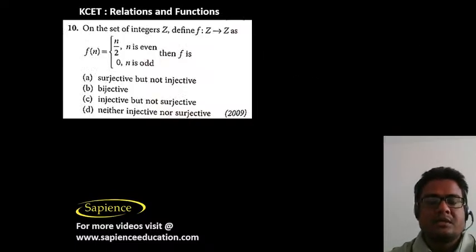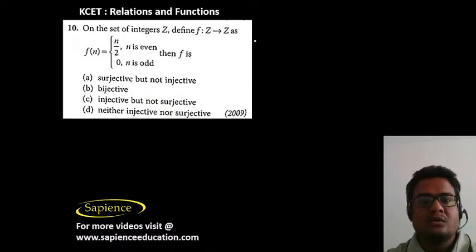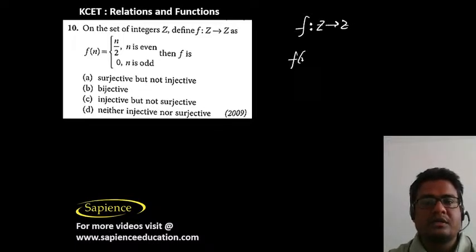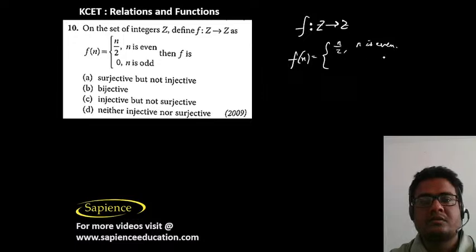Then question number 10. Here it is written, on the set of integers Z, define the function f from Z to Z as f of n equal to n by 2 if n is even, and it is equal to 0 if n is odd.